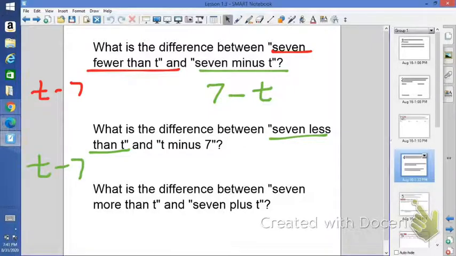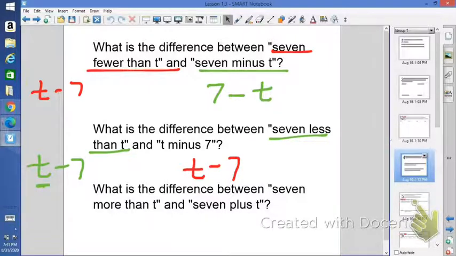Here's t, we subtract 7, and that gives t minus 7. It's the exact same thing. So 7 less than t and t minus 7 are the same. There is no difference between those.